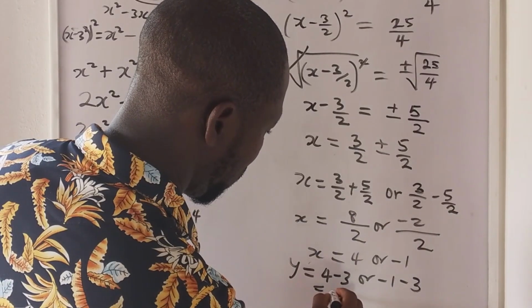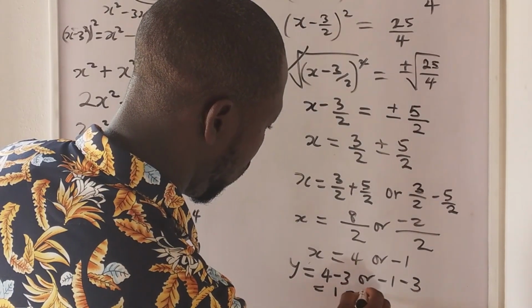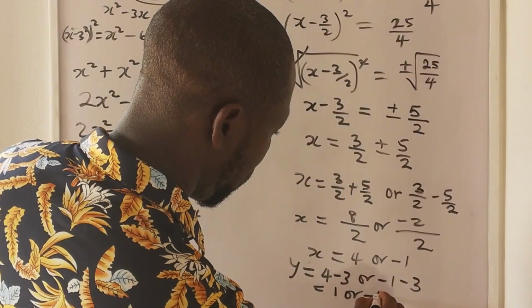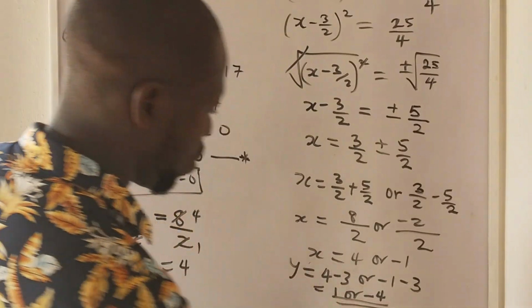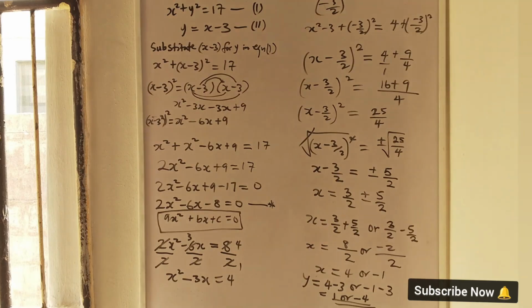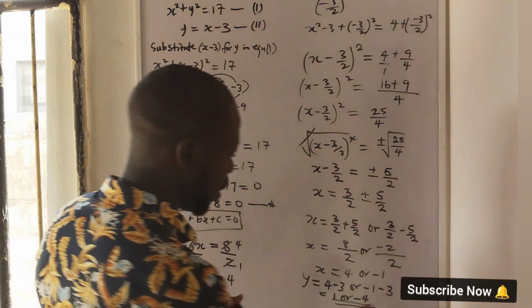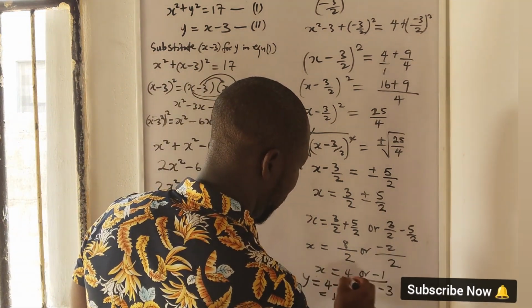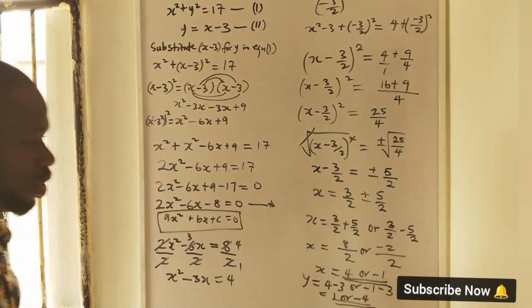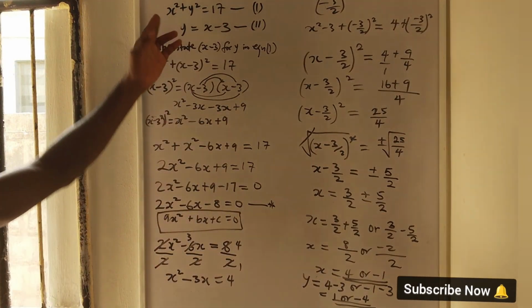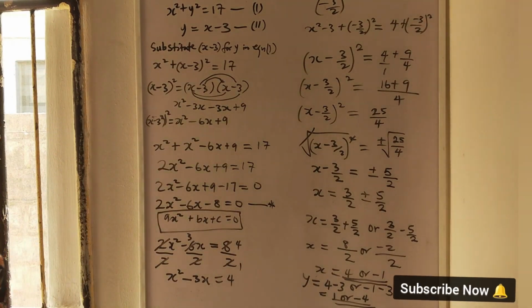That gives us y is equal to 4 minus 3, 1, or minus 1 minus 3, minus 4. I hope that caught. Yes. So y is 1 or minus 4. x is 4 or minus 1. And that is the final answer to this quadratic simultaneous equation.